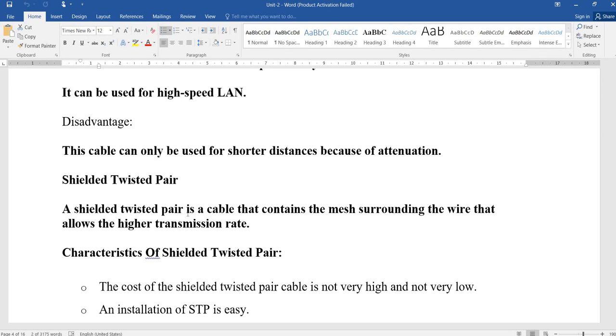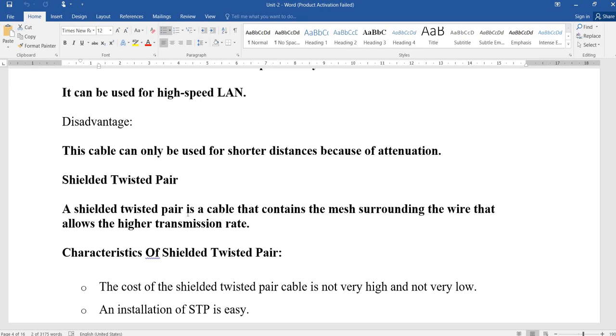Then if it is too long, beyond 100 meters, it can lose the power. Okay, so if it loses the power, then it creates problems in the receivers.